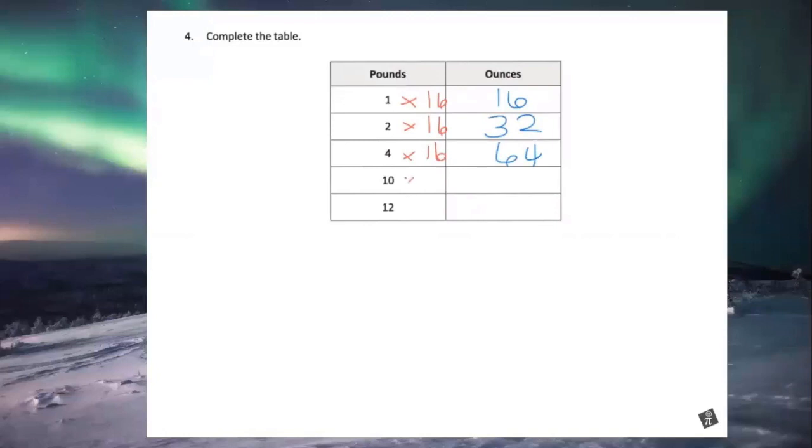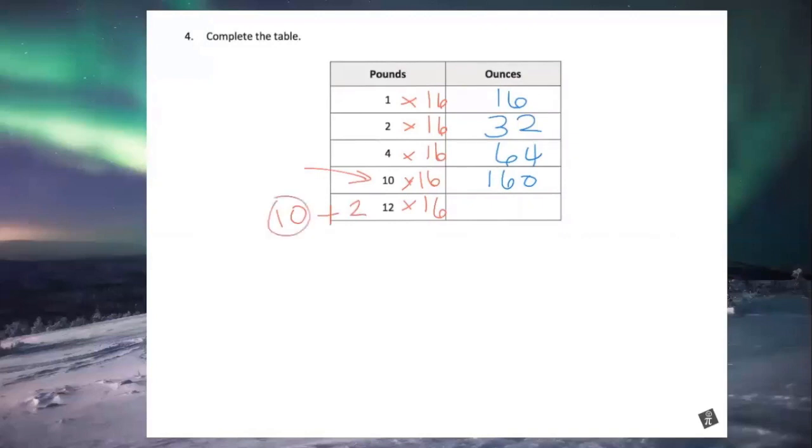10 times 16, that's really easy. We could do that in our head. All we have to do is stick on a 0, right? Because we learned that trick a long time ago. Now, here's a nice one. Here's a cool idea, 12. Well, we know we're going to do 12 times 16. That's one way. But another way we could do it is, well, I know that 12 is 10 plus 2.